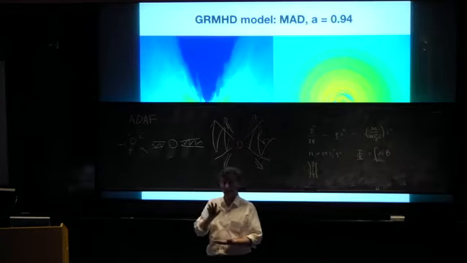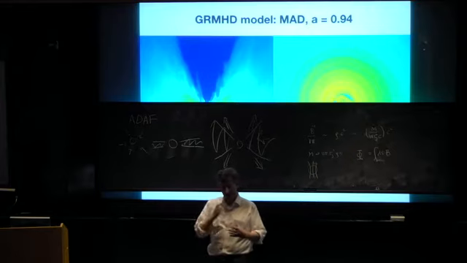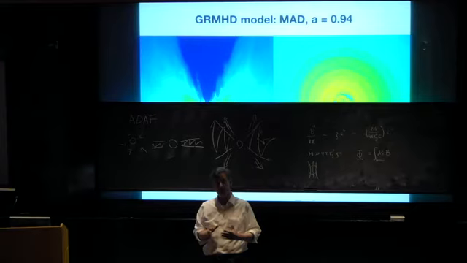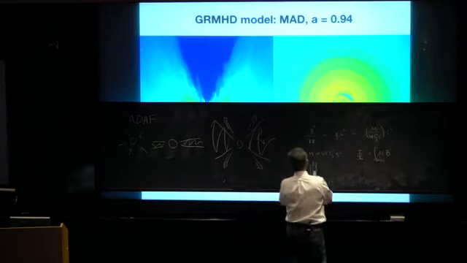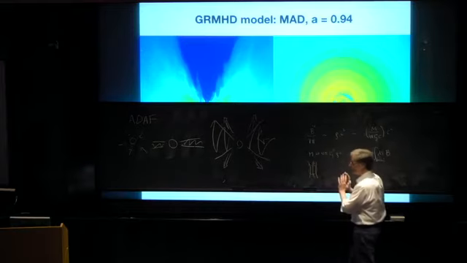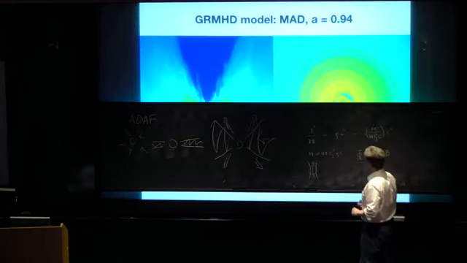But they can wear a plasma toupee. And so these fields are supported by currents in the plasma around the black hole. And so this field is a property of the accreting plasma rather than a property of the hole.